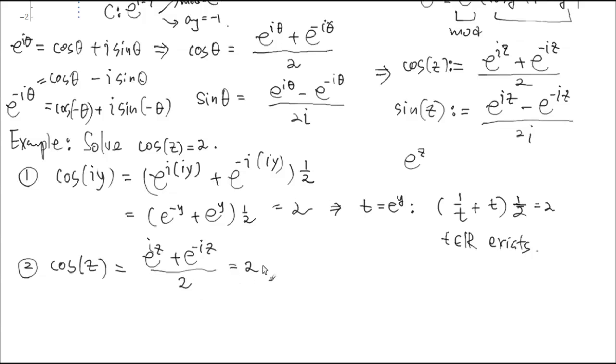That's all we want to do. So what is the substitution you have to make in here? w is going to be e to the iz, right? Then the other one is 1 over w, correct? So that one is 1/2 times w plus 1 over w equals 2, right?